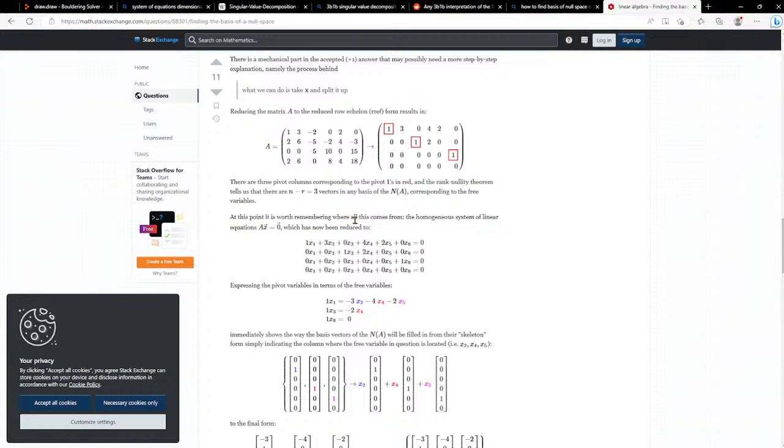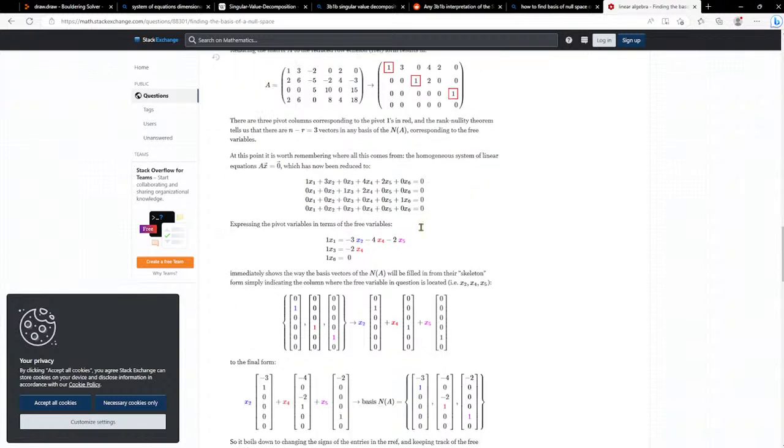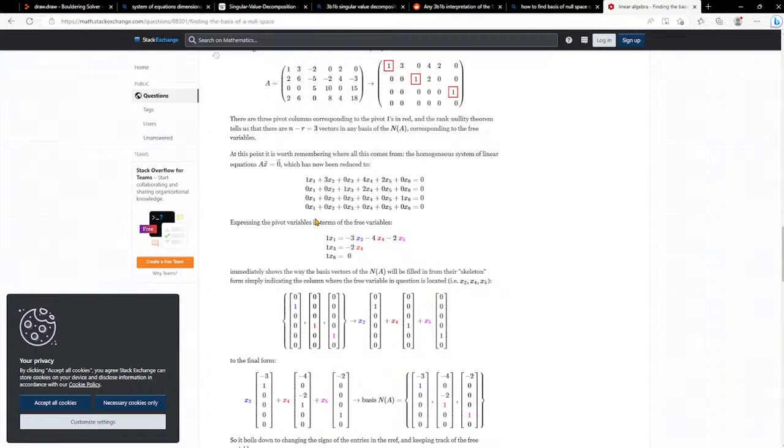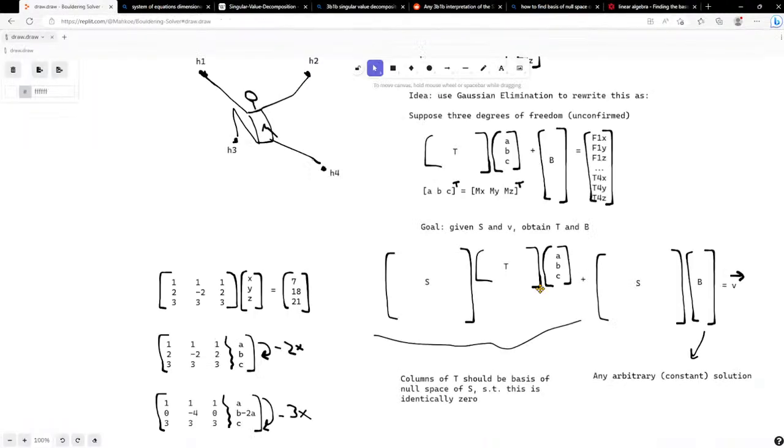At this point, it's worth remembering where all this comes from, the homogeneous system of linear equations, Ax equals 0, which has now been reduced to all this. Yes, that's right, expressing the pivot variables in terms of the free variables. Oh, actually it was simpler than I thought. Because if I take each of these equations and pull all the stuff to the right-hand side, which is what I did here without realizing what I was doing.